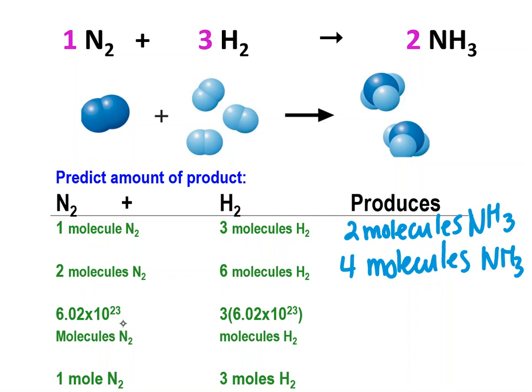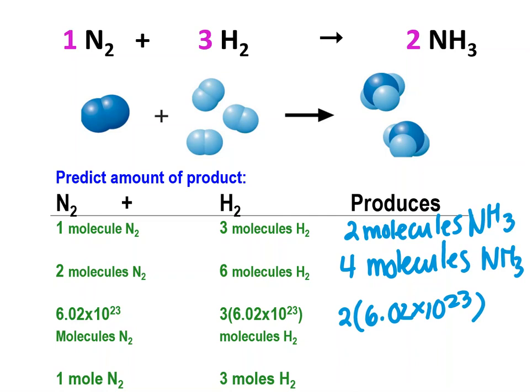If you notice, I'm using Avogadro's number here. If I had this many of the nitrogens, then it's basically a 1 to 3, so 3 times that many of the hydrogens. So I would end up getting molecules of NH3.